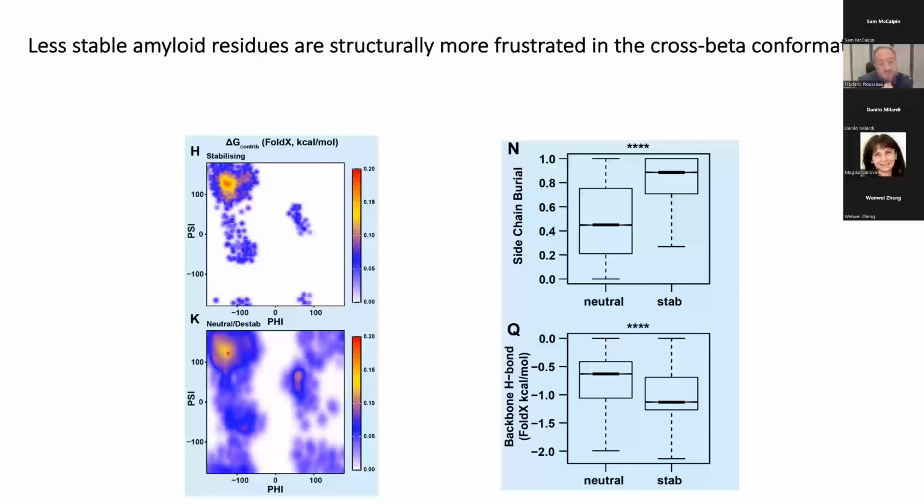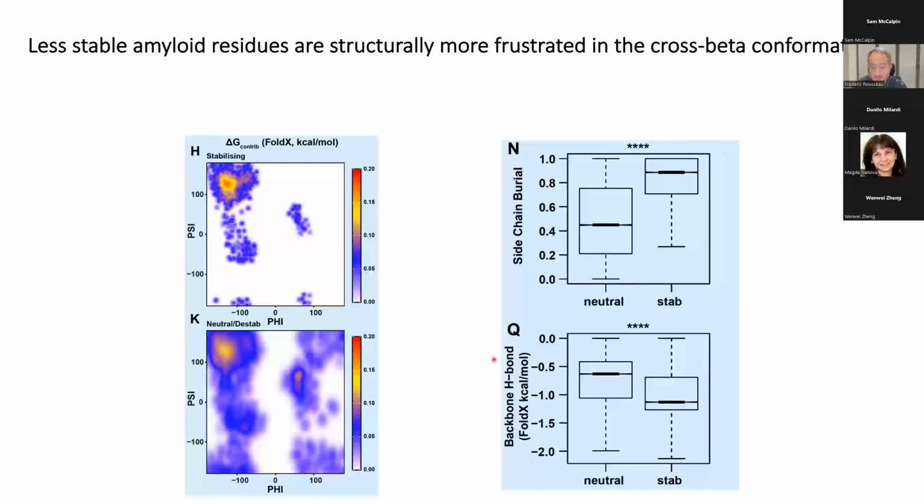The ones that are neutral or destabilizing have less well-defined dihedral angles. You have much more variability, and they deviate much more from the canonical cross-beta phi-psi angles. You can also see that the stabilizing residues, in general, have side chains with better burial than the neutral ones and the destabilizing ones.